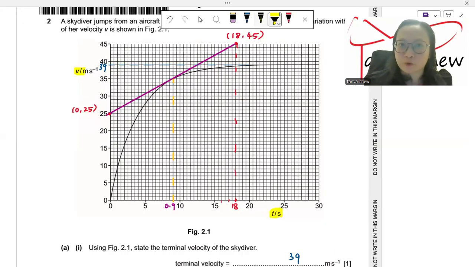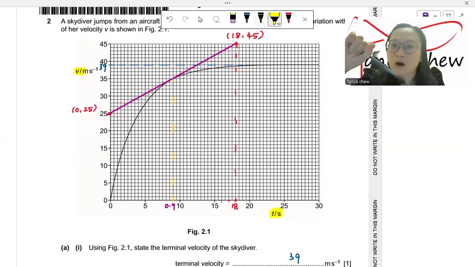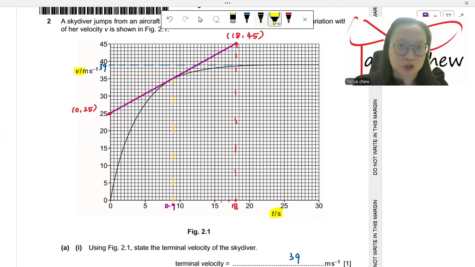But the equation of the gradient, which is y2 minus y1 over x2 minus x1 that you usually use, is valid for a straight line only and not valid for a curve. This is a curved graph and eventually horizontal, right? So in order for you to use the equation of the gradient, you need to draw the tangent at that given time.